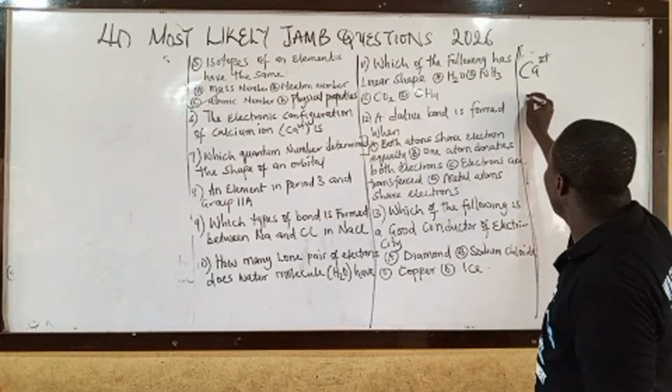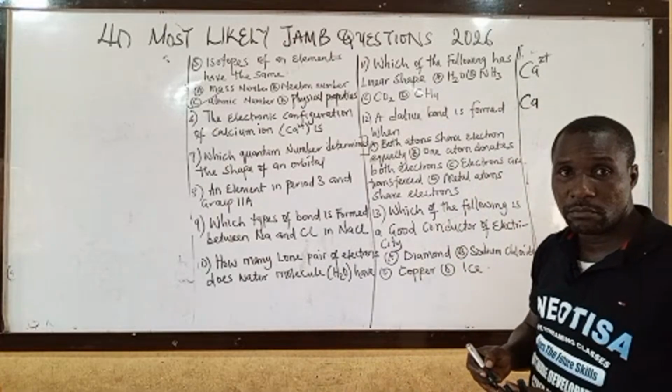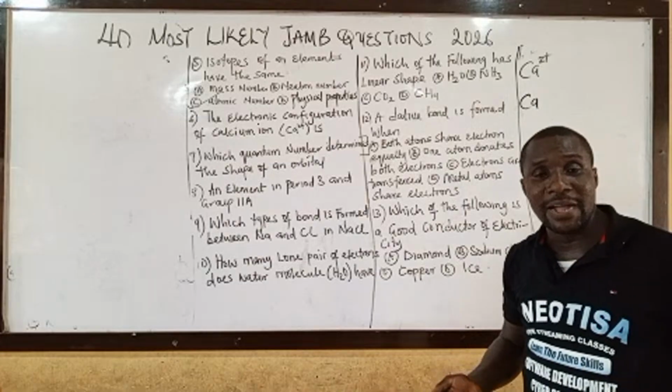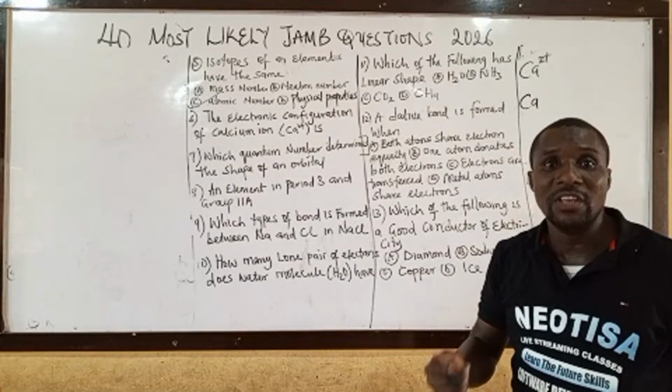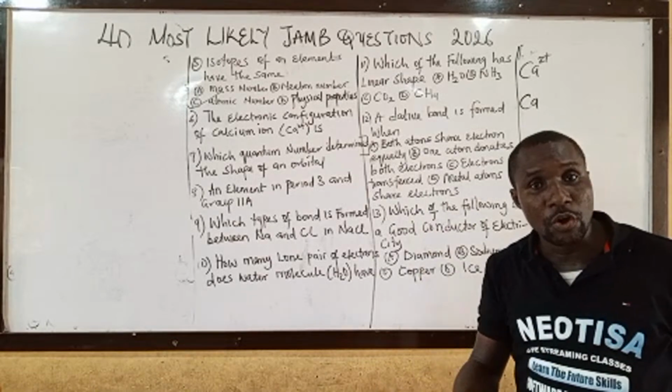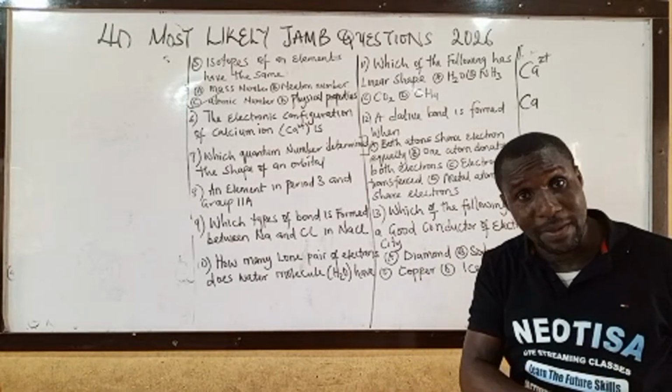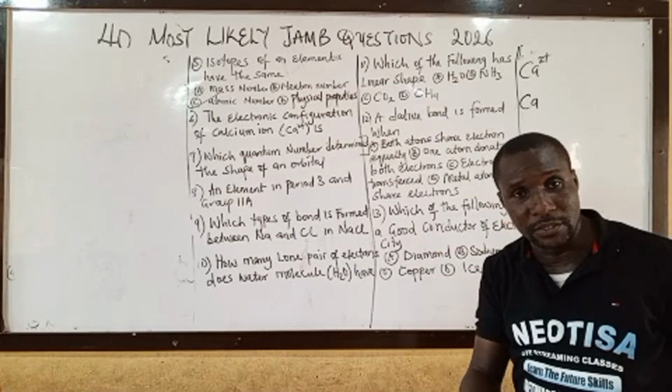Calcium atom has atomic number 20. Because it is an atom, the proton number is also 20. Atomic number is the same thing as proton number, 20.